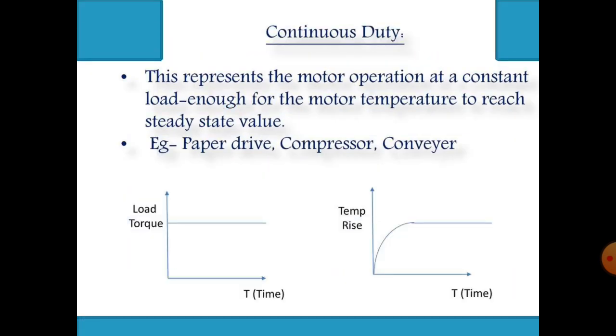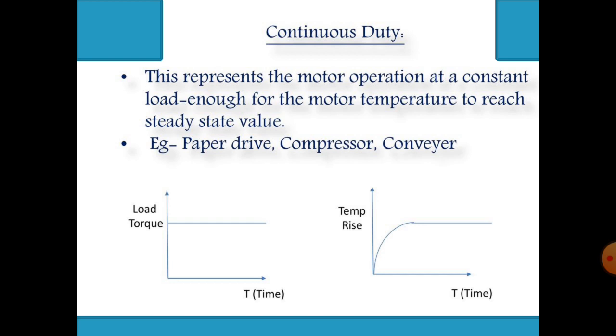The first category is continuous duty. Continuous duty denotes electric motor operation at a constant load torque for a duration long enough for the motor temperature to reach the steady state value. That means we draw the graph between time and load torque.